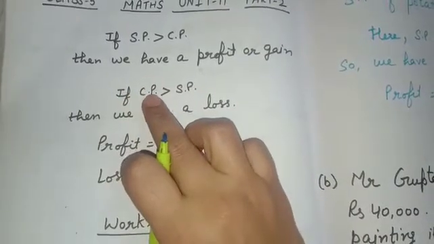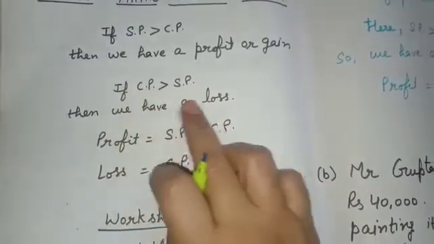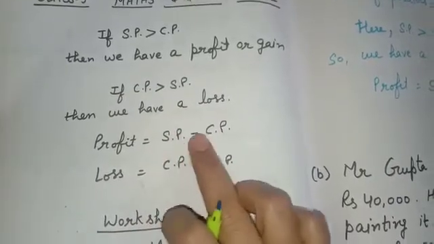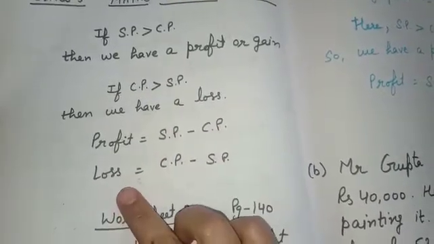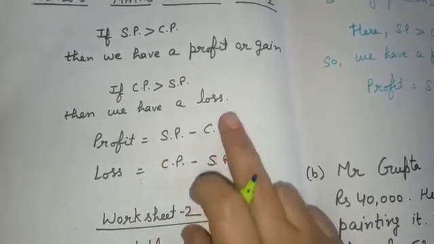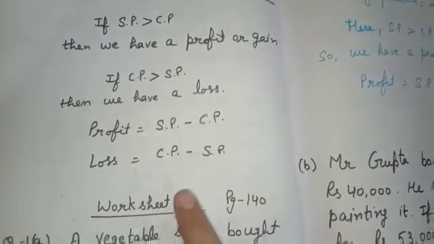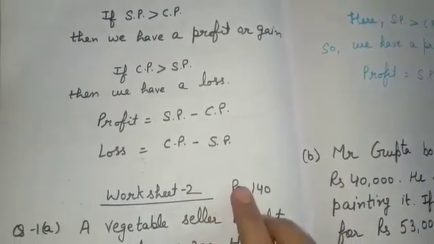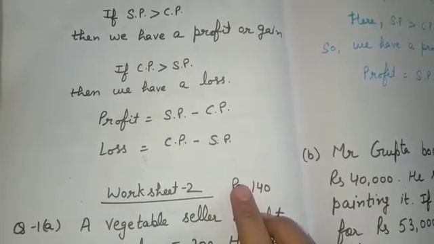And if cost price is greater than selling price, then we have a loss. And the formula is profit equals selling price minus cost price, and loss equals cost price minus selling price. With these two formulas, now we are going to start worksheet 2 at page number 140 of our book.